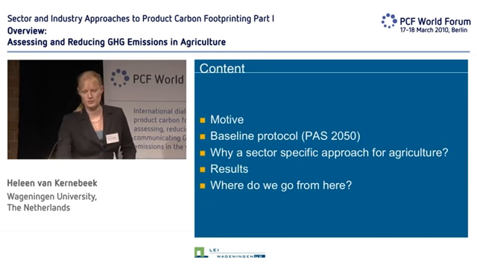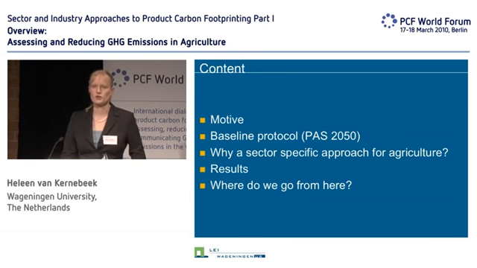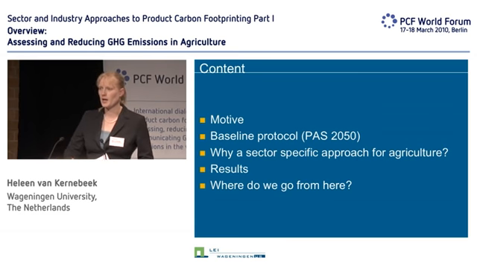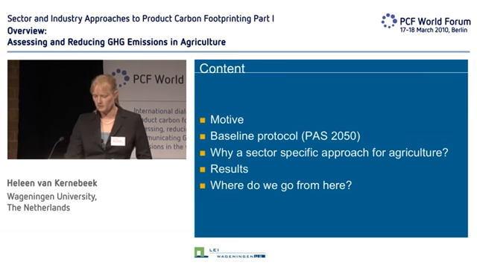So, carbon footprinting protocol for the agri-sector. I will start with a short motive of why we are actually doing this. Then I will explain why the PAS 2050 is used as a baseline for a more specific approach for agriculture.